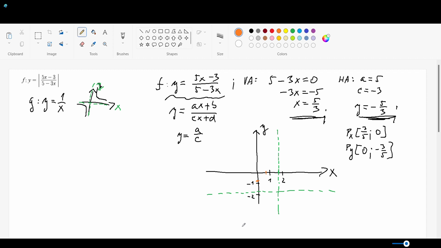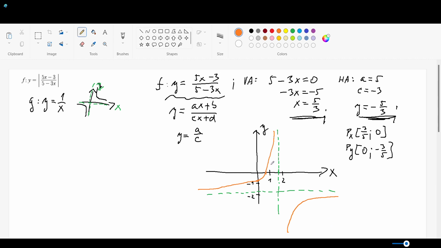Okay, so now we can see that our function will not be like this, but instead, as we have here 2 points, our function must go this way. Okay, and the second part of the graph must go somewhere like here.